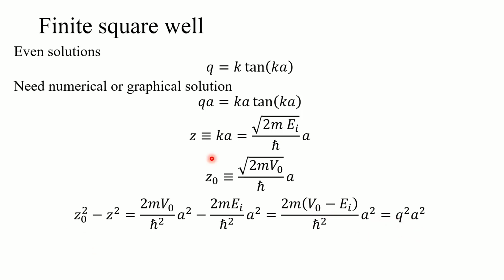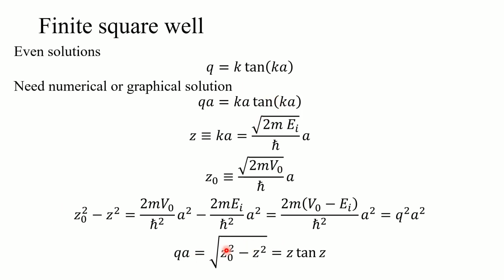So by making these substitutions or defining these variables, we can see that z naught squared minus z squared is equal to q squared a squared, or written, taking that back here, qa is equal to the square root of this, and that's equal to z tan of z, right?